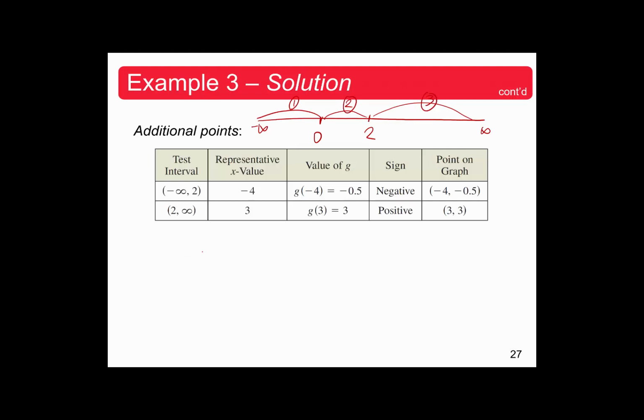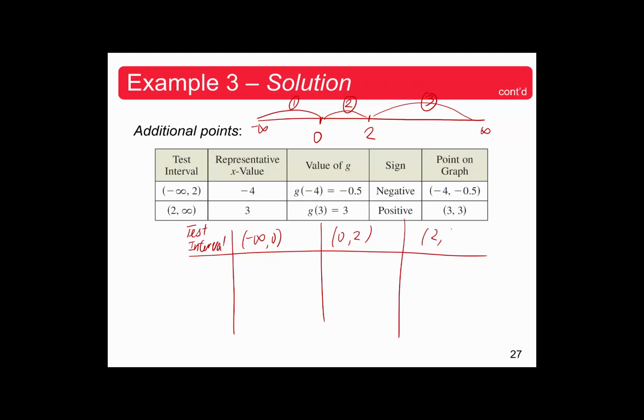Alright, so I'm going to redo the intervals really quickly. So the test intervals go here. The first one is from negative infinity to 0. The second interval is from 0 to 2. The third interval is 2 to infinity. Okay.